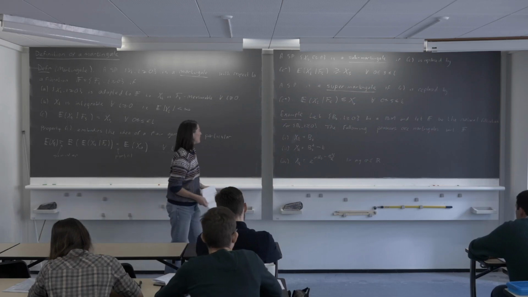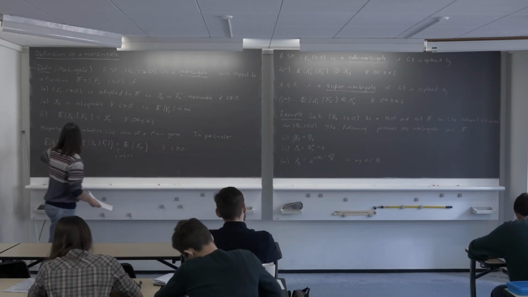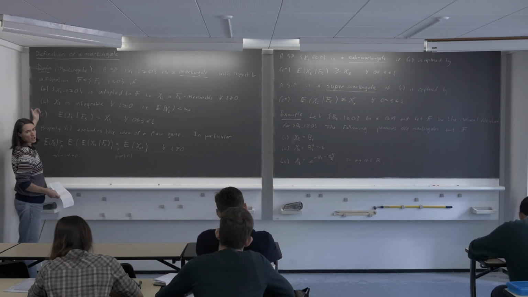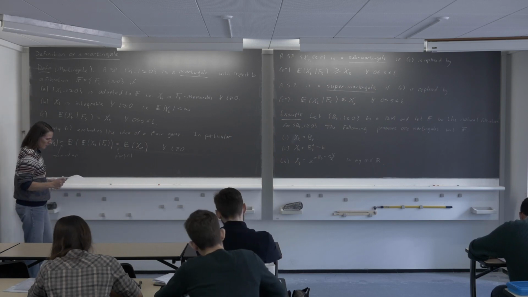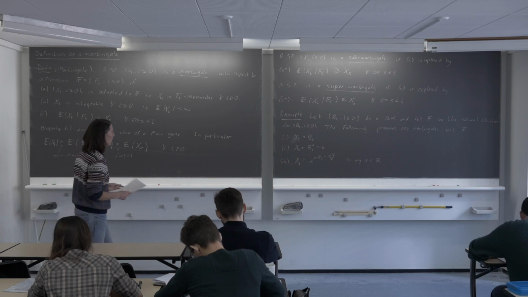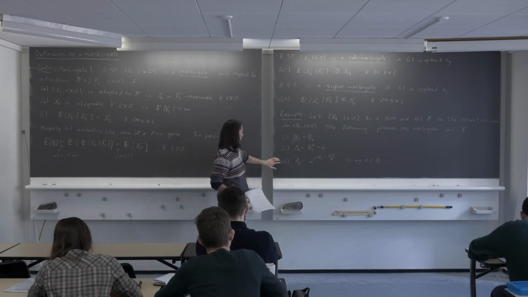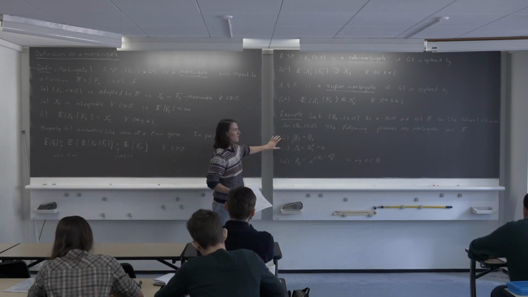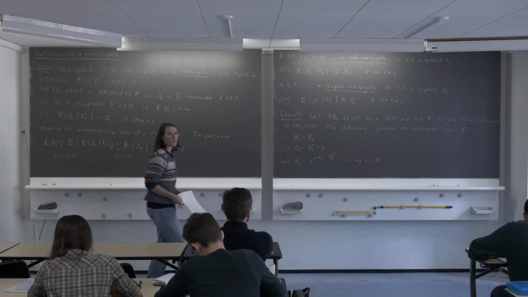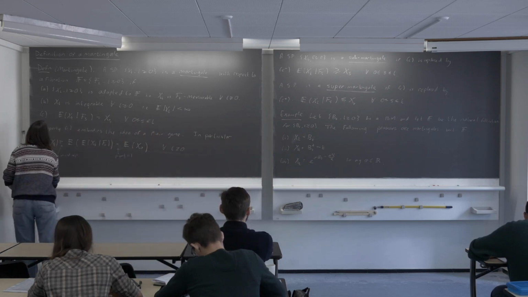Okay, so how do we know that these are martingales? Well, we basically just need to go through these three conditions and check them one by one. So I'll illustrate this for property 3. Properties 1 and 2 are on the exercise sheet for you to do for next week.